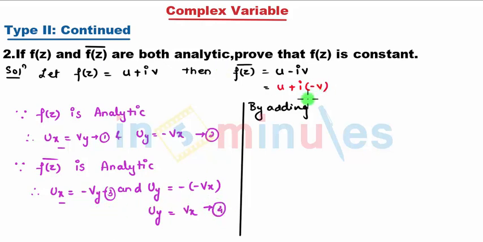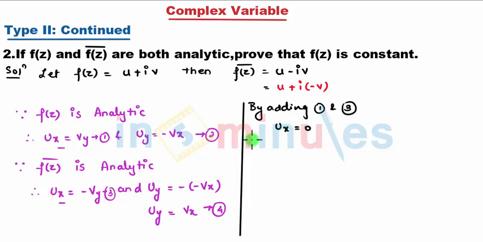By adding 1 and 3, you'll get 2ux, that is LHS plus RHS. So I can say ux is equal to 0.